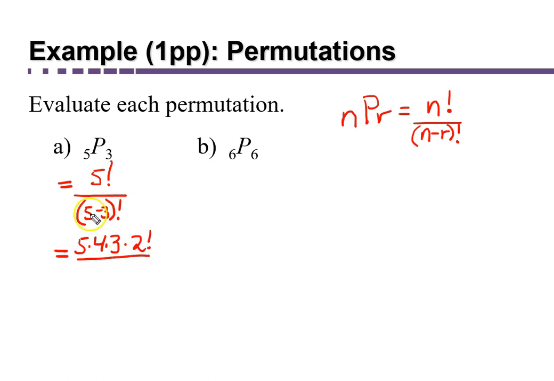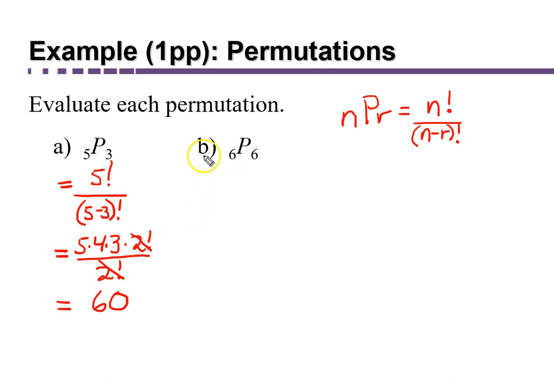Divided by, now we do what's in the parentheses first. 5 minus 3 will give us 2 factorial for our denominator. And then using that technique that we spoke of in the last section, these cancel out. So we go 5 times 4 is 20 times 3 is 60. So that works out nicely.